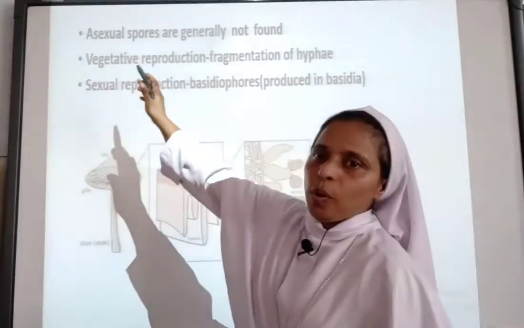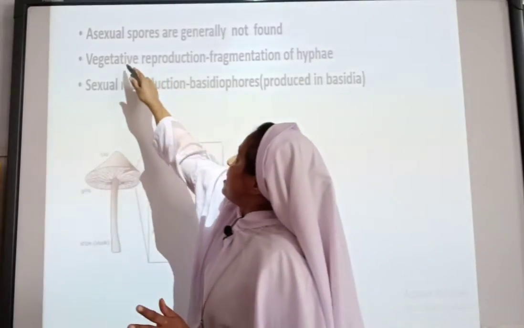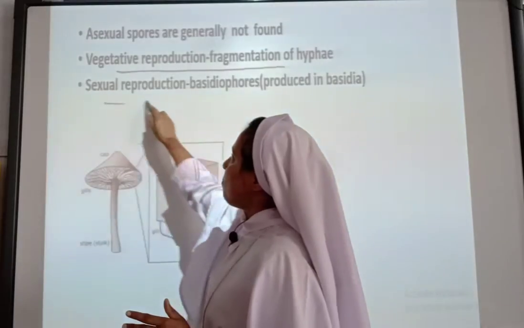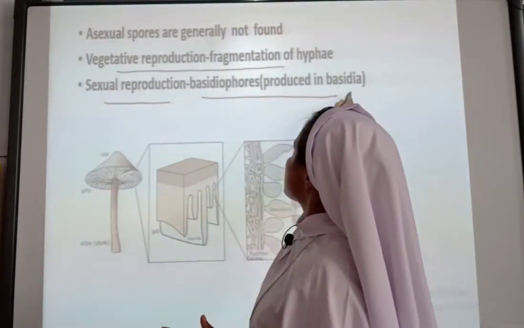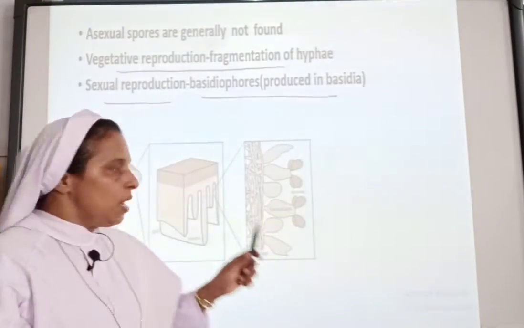Asexual spores are generally not found here. Vegetative reproduction occurs by fragmentation of hyphae, and in sexual reproduction, basidiospores are produced in basidia.